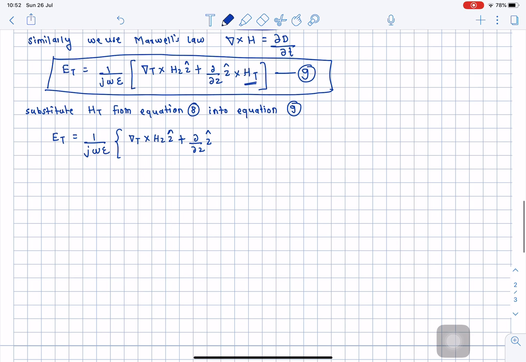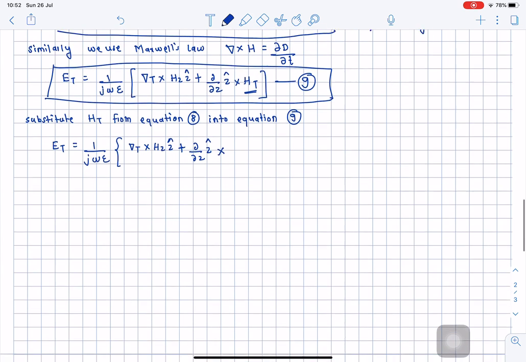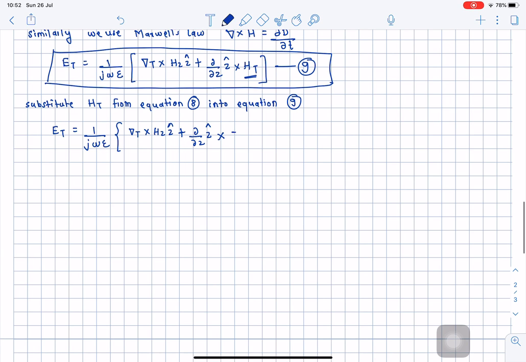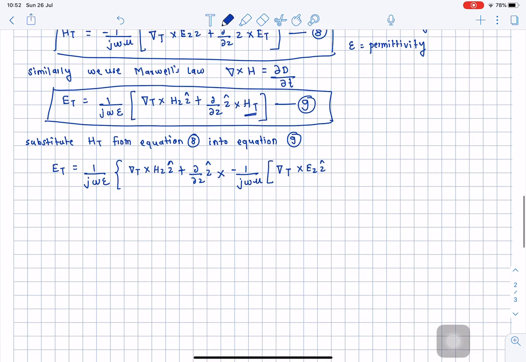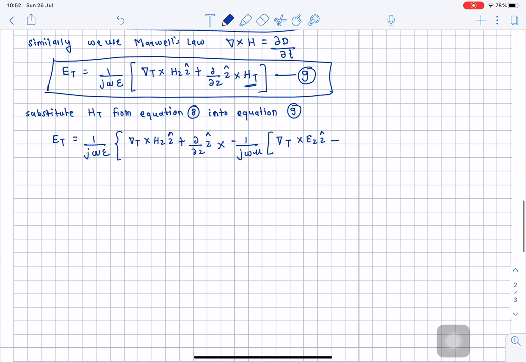Now here Ht we will replace from equation number 8, which is given as minus 1 upon j omega mu into bracket del of t cross Ez z cap, plus del by del z of z cap multiplied by E of t, bracket complete and bracket complete.